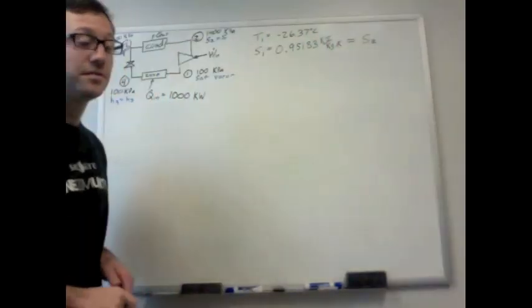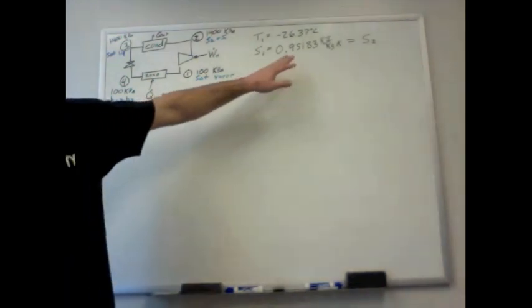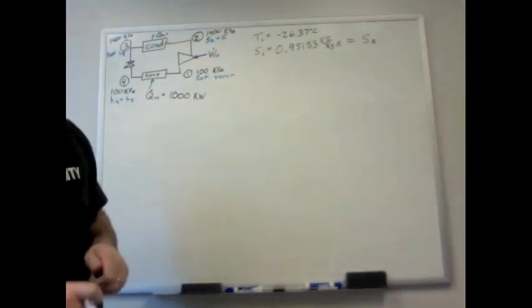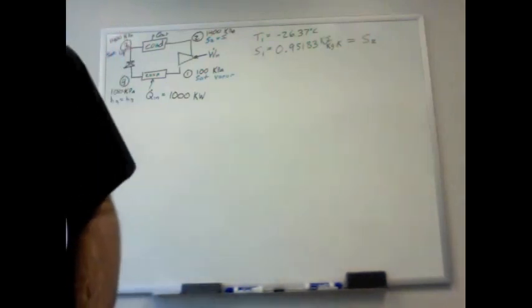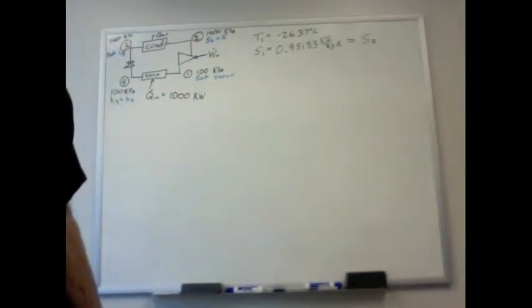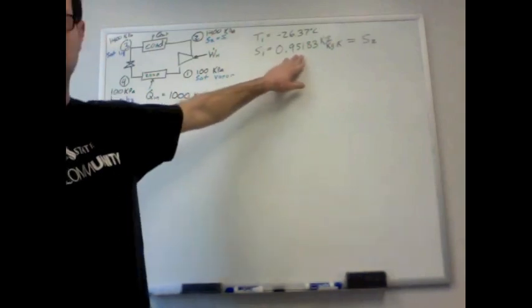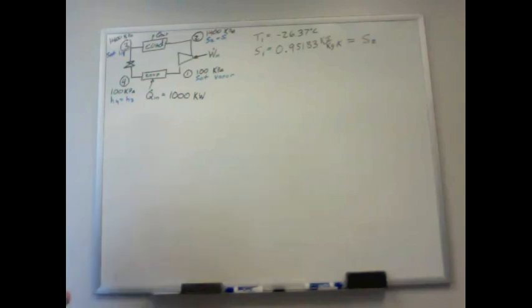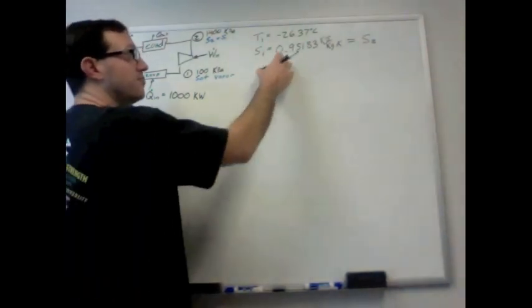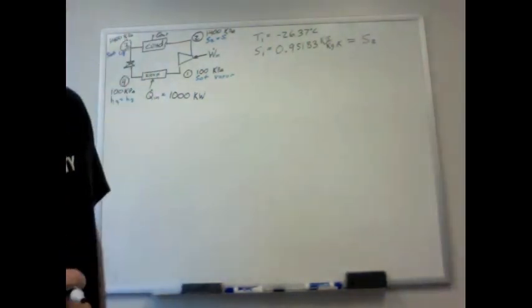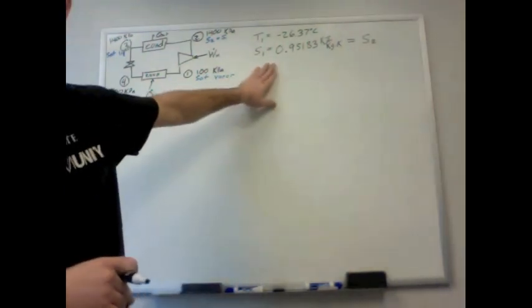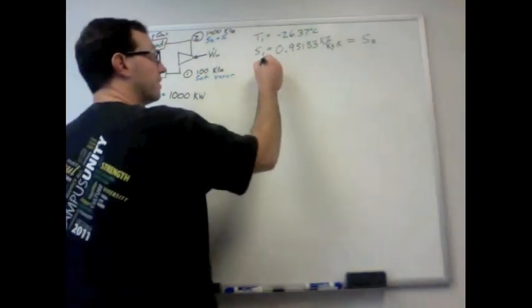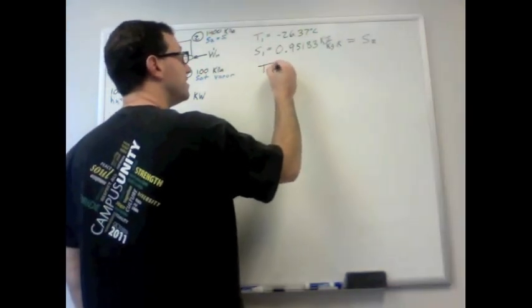That's also equal to S2. So now for state 2, we have this entropy and 1400 kilopascals. We go to the tables, and at 1400 kilopascals and this entropy, it's superheated. So now we go to the superheated tables, and we can see that this entropy falls between 60 and 70 degrees C. It's closer to 60 degrees C. And so we can approximate T2.